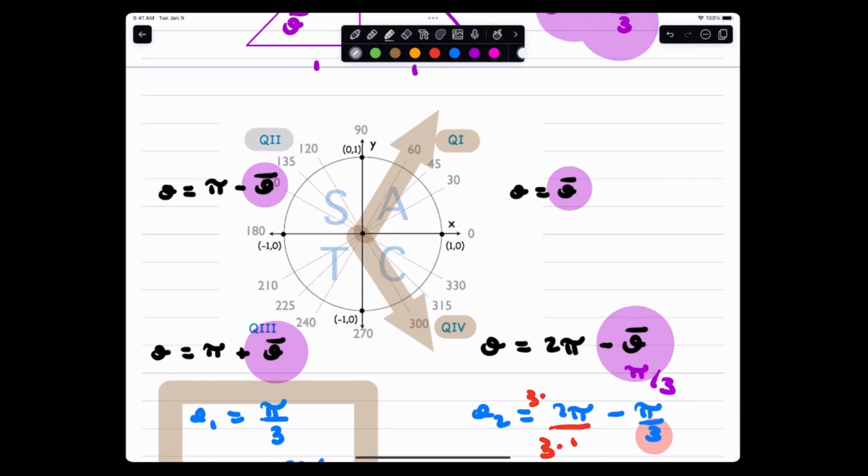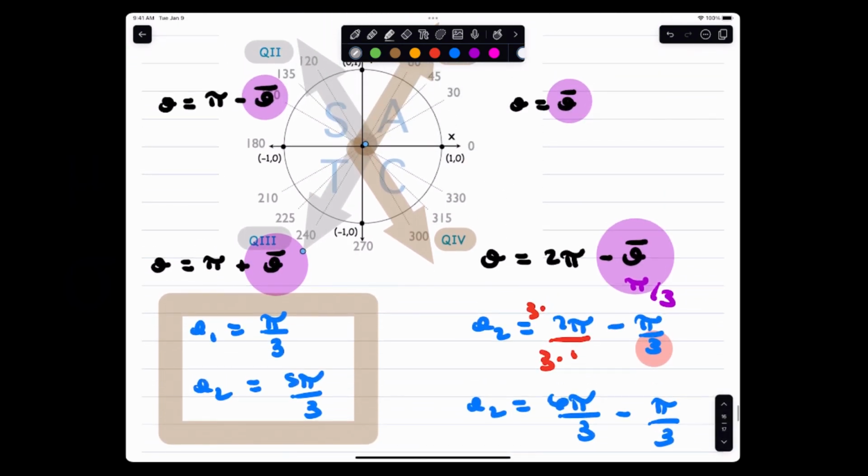Quadrant 2. Quadrant 3. So, okay, 60, you're going to find it to be 120 and 240, it looks like. So there's going to be 4 solutions.